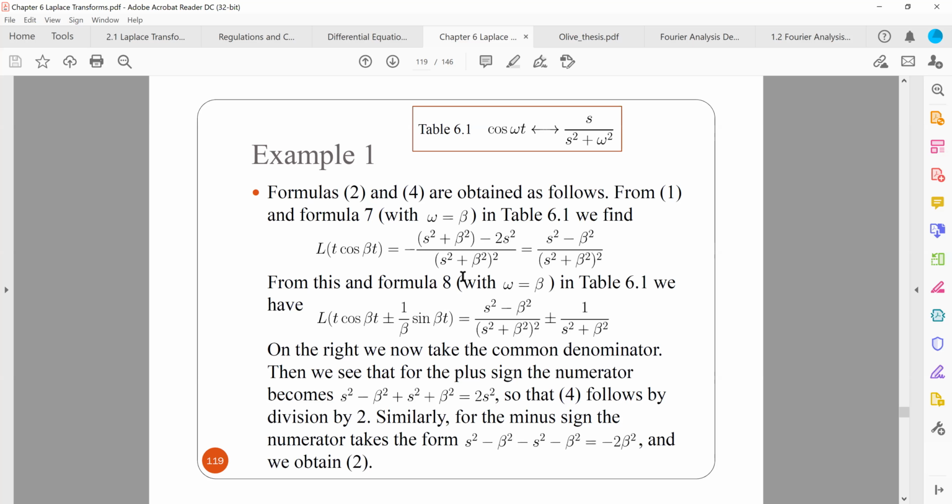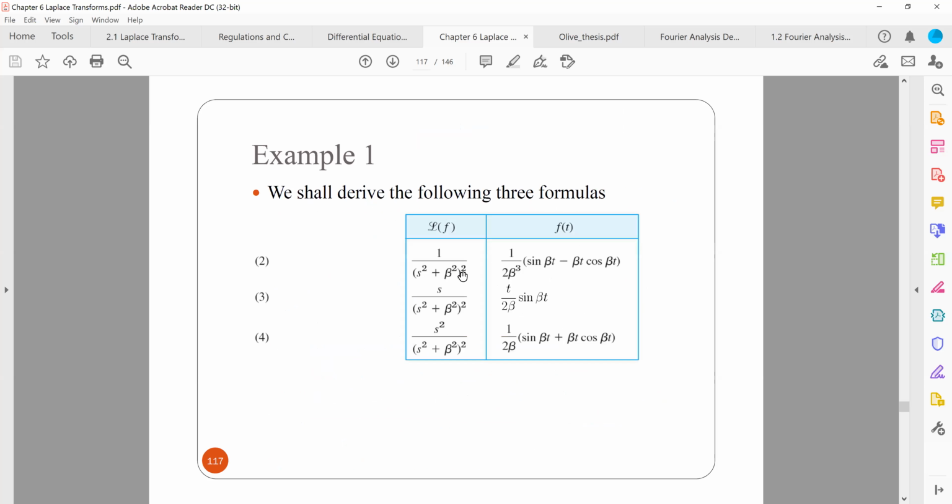The formula we're trying to prove had t cos beta t plus... let's go back to it, I don't remember it. We had beta t cos beta t, and we have this 2 beta outside.